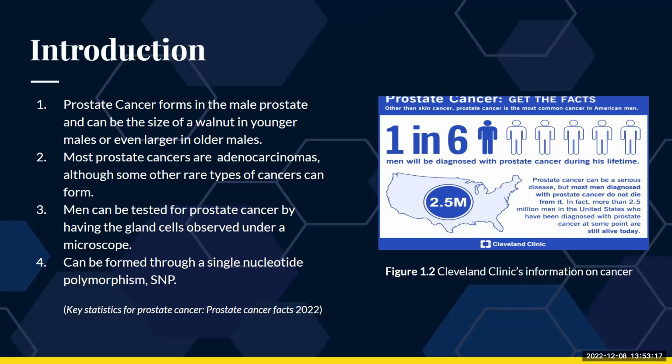The figure on the right shows the Cleveland Clinic's information on cancer. It shows that 1 in 6 men will be diagnosed with prostate cancer during his lifetime, but most men diagnosed with prostate cancer do not die from it. In fact, around 2.5 million men have been diagnosed with prostate cancer and are still alive today. I'm going to go ahead and pass it off to Natalie for the genetic background.